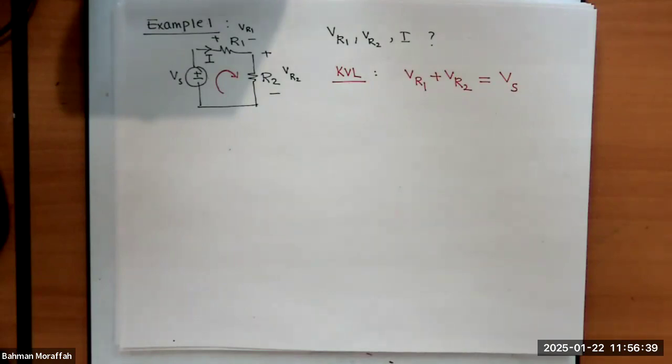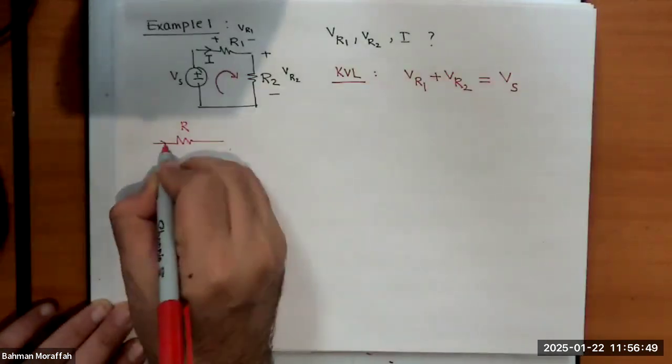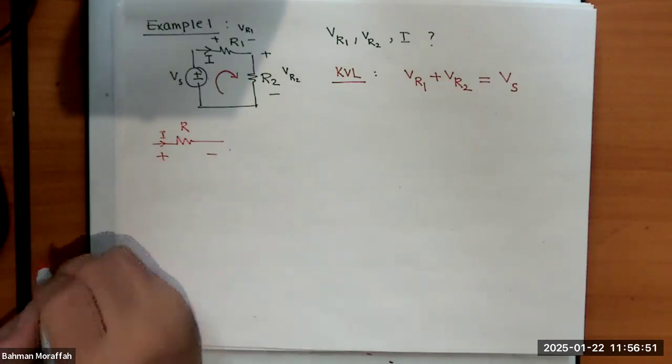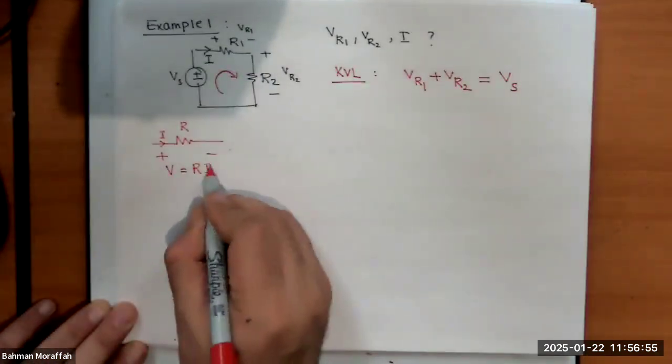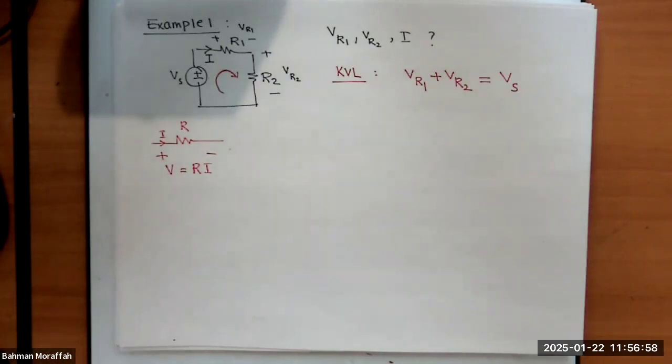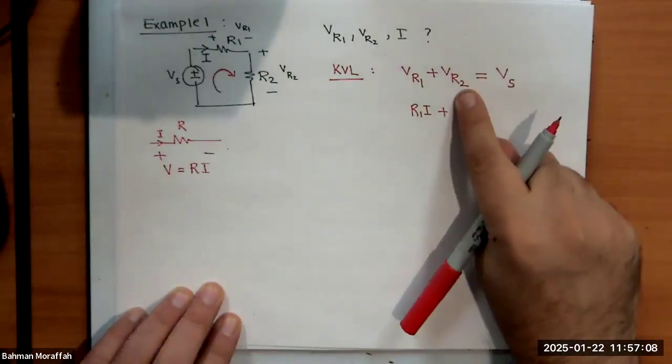What is V across R1 though? We know how to compute it, right? If I have a resistance, what is V across this? V is Ri. So what is V of R1 then? It's R1 times I. So it's R1 times I plus, what is V across R2?